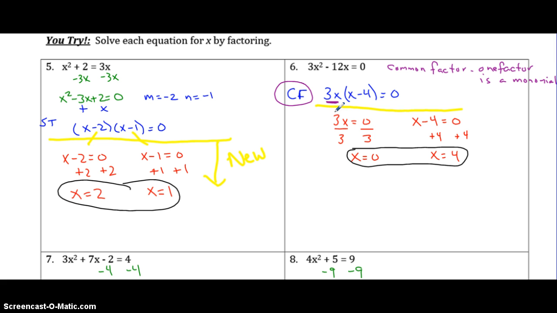And since one of them is a monomial, you're always going to get that step where you're not going to have a constant to add or subtract to both sides.